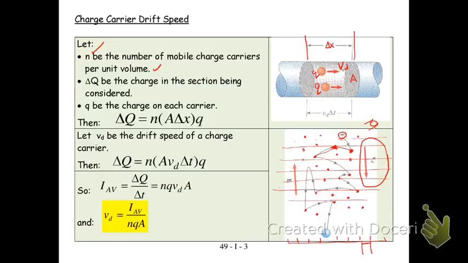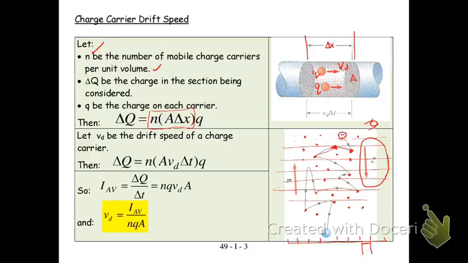And we say, well, my total charge must equal the number of charge carriers I have in my tube, times the charge on a charge carrier. So this is the number of charge carriers in my little piece of wire. And where does that come from? It's the number of charge carriers per unit volume times the volume. That's where that comes from.